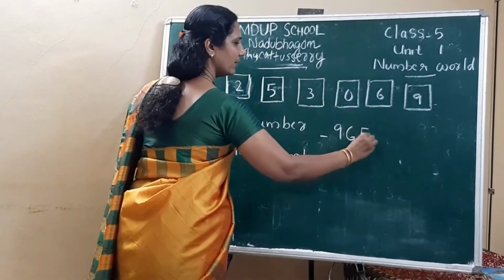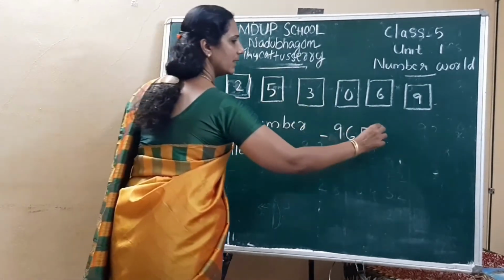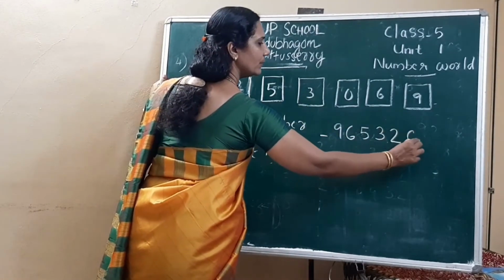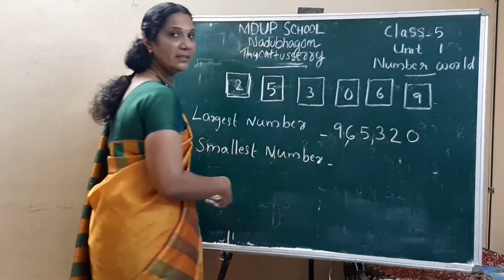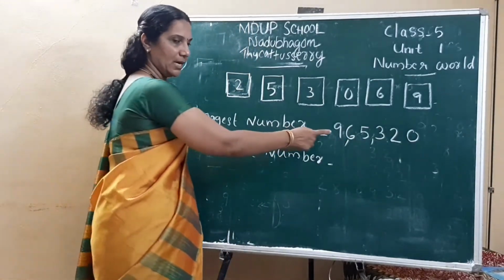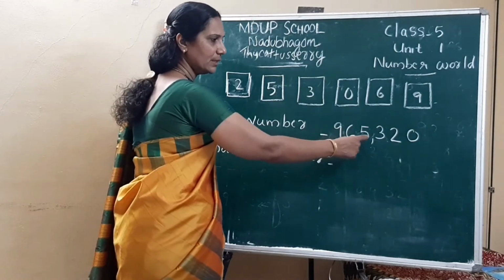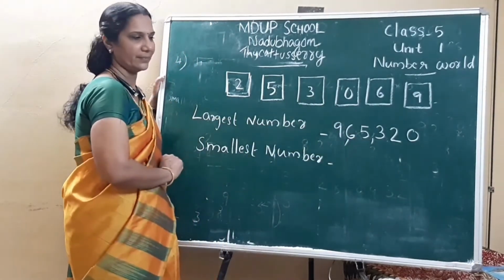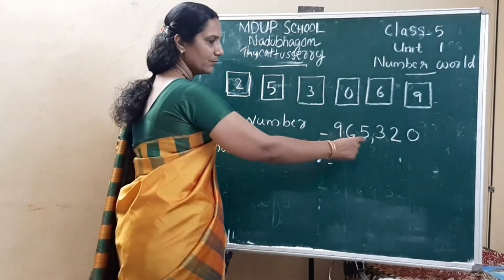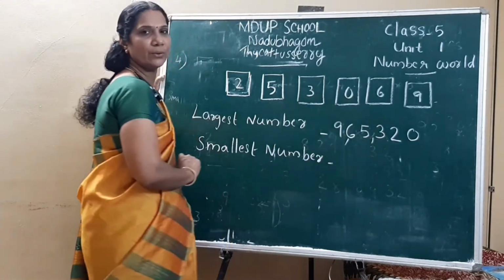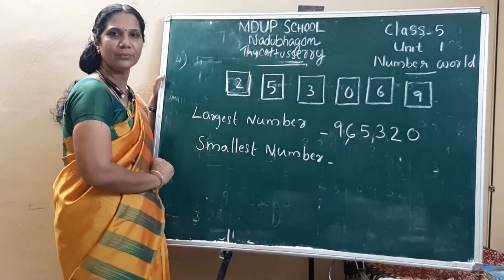Third, 5. Next you want to write 3, then 2, then 0. How can we read this number? 9 lakh 65,320. 9 lakhs 65,320. Okay, all of you.